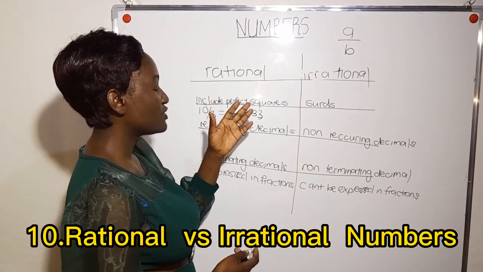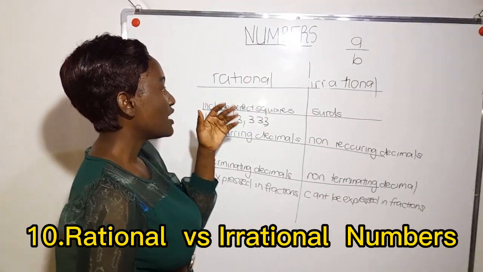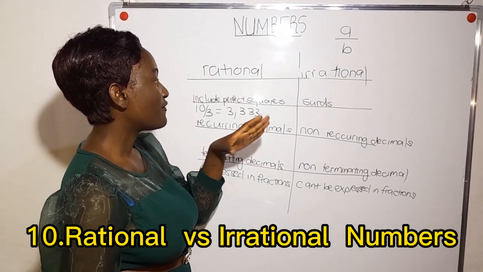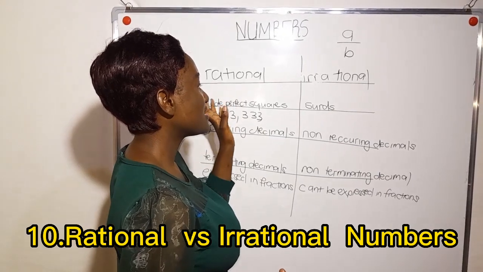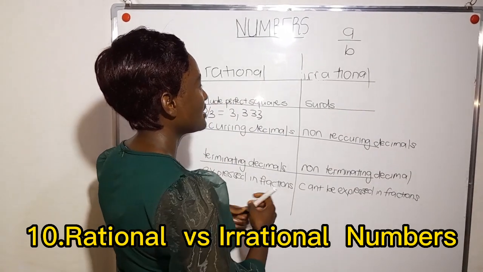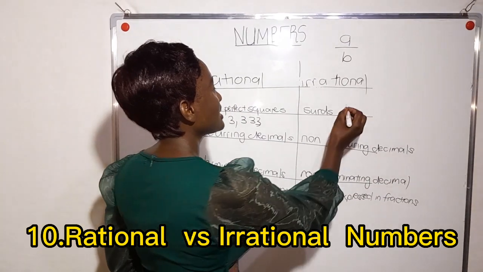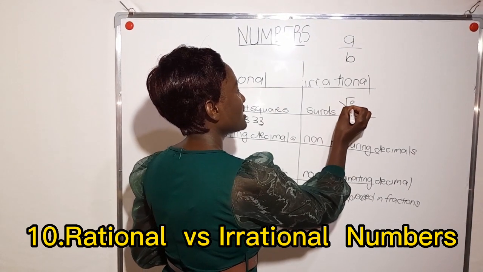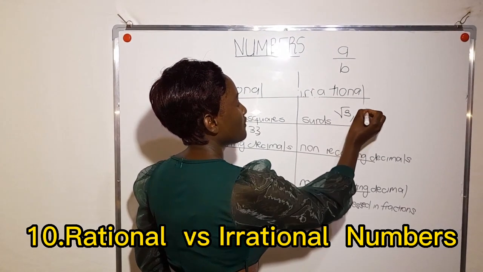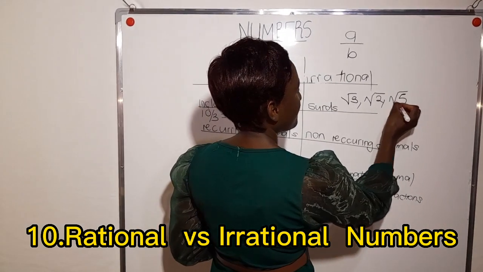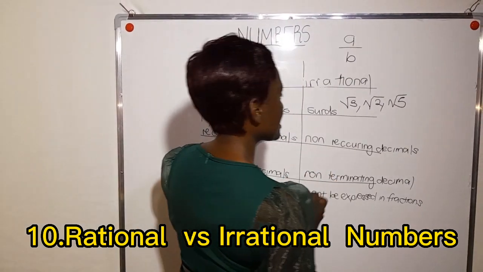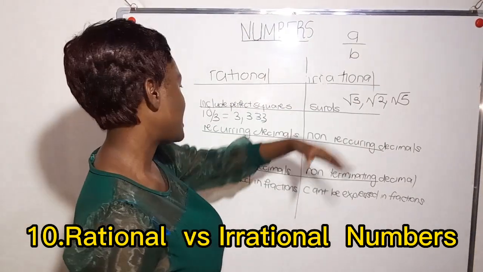Rational numbers include perfect squares, for example 1, 4, 9, 16, but irrational numbers include surds, for example root of 3, root of 2, root of 5, which cannot be simplified.